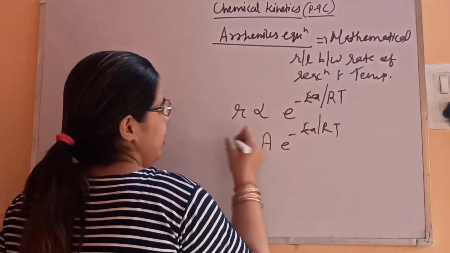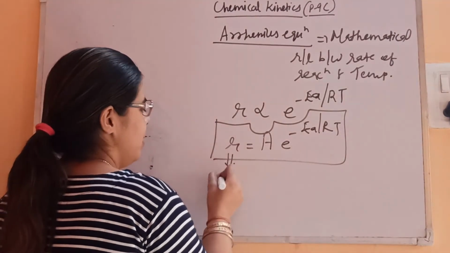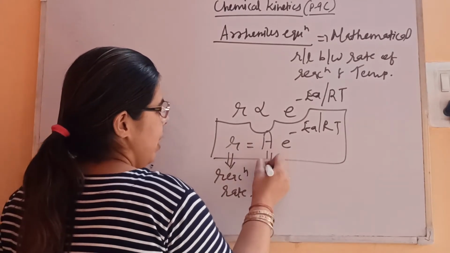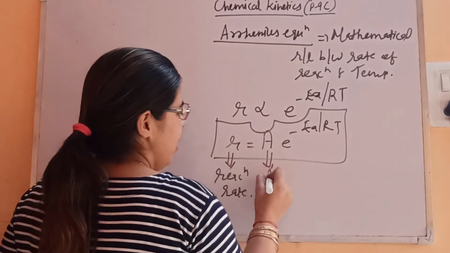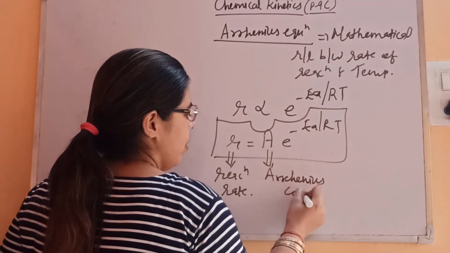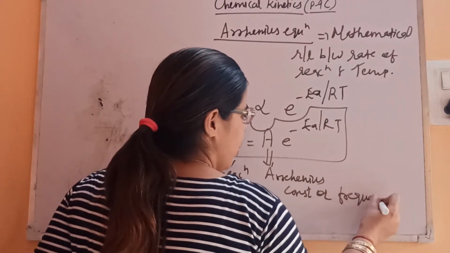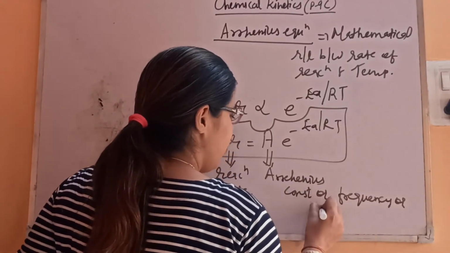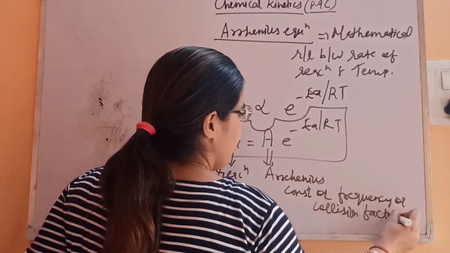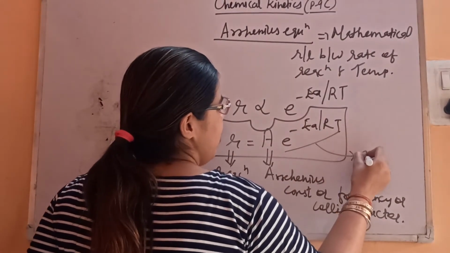Now let's understand the terms. R, we know that it's a reaction rate, where A is the Arrhenius constant, or you can say frequency or collision factor. Then this is known as the exponential factor.